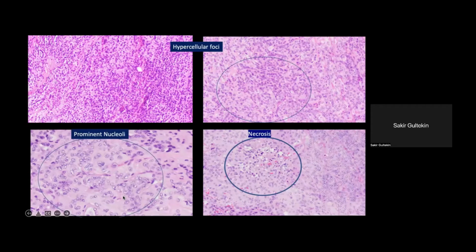I don't know how the picture projects, but you can see these blue dots inside the nucleus that is visible from a lower power. So we call that prominent nucleoli. And I was able to also find an area of necrosis, a single small area of necrosis on the right lower picture. Is that the last slide?